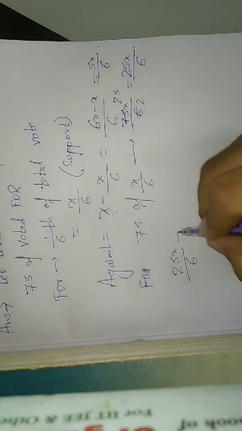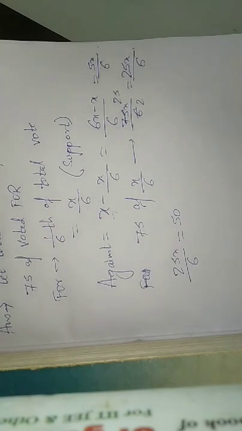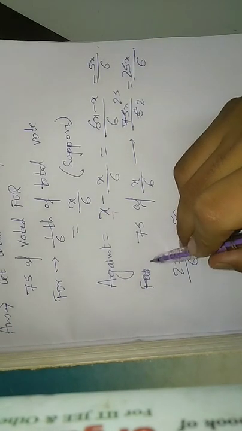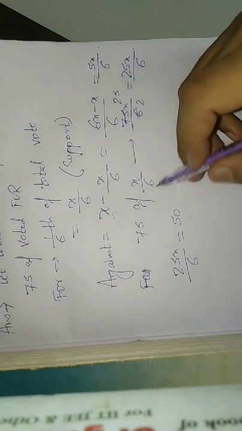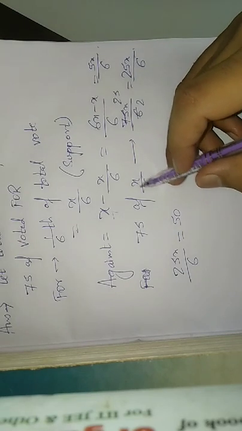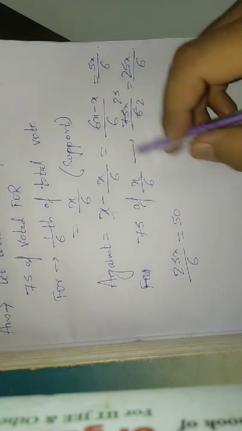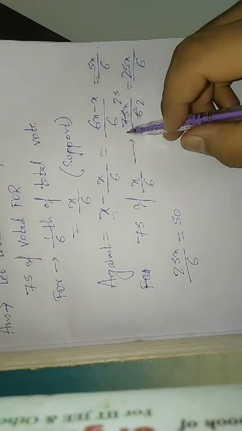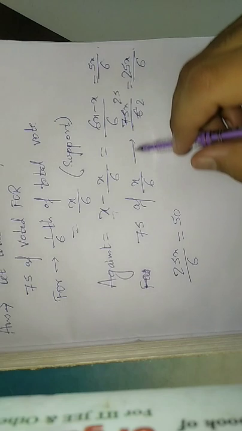So 25x by 6 is equal to 50. That's what they are saying. If 75 of those who voted for the motion, means x by 6 who voted for the motion, would have voted against it, then the motion would have been lost by 50.